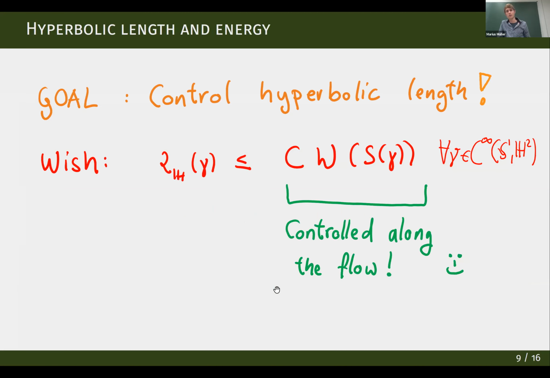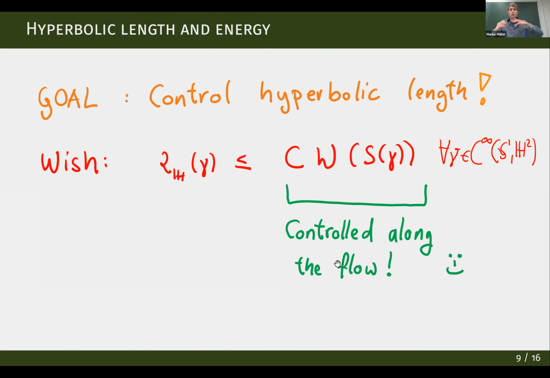All right, so we need to control this hyperbolic length, this quantity LH of gamma for curves gamma along the Willmore flow. And the first thing one would try maybe is to control this length by the Willmore energy of the surface of revolution, because this Willmore energy is controlled along the flow.